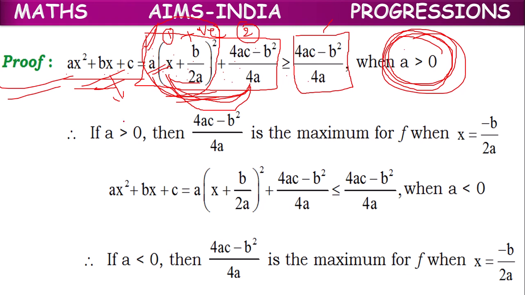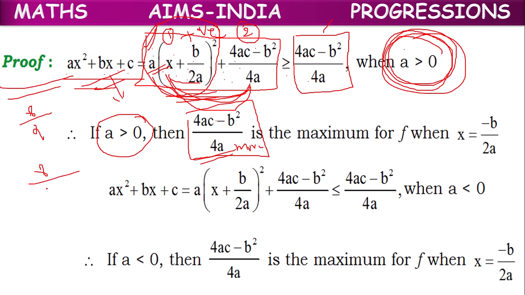Suppose a is greater than 0. If the a value is more, if we divide the numerator with a more value, the resulting value will be less. In fractions, suppose 8 by 2, 8 by 4.